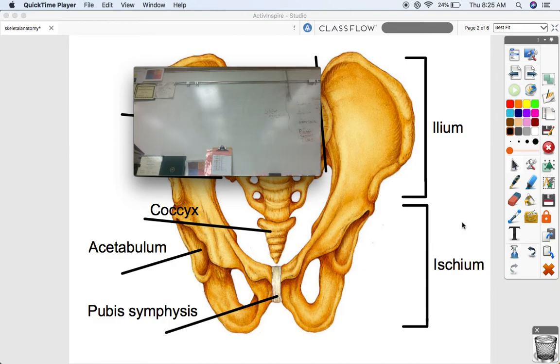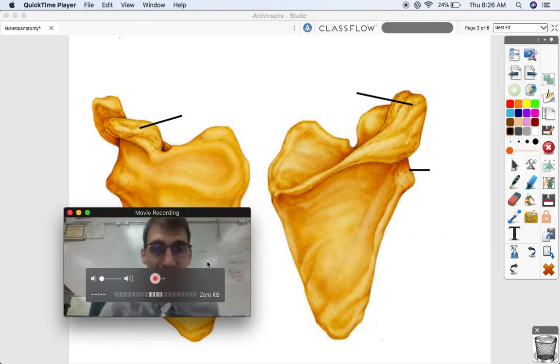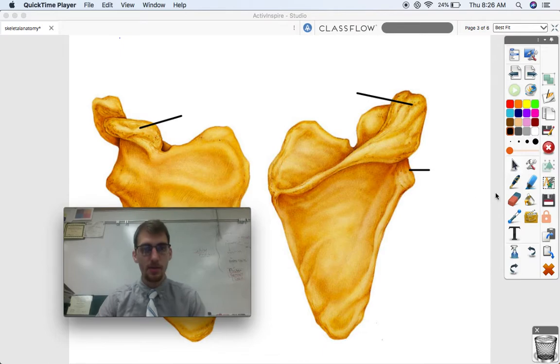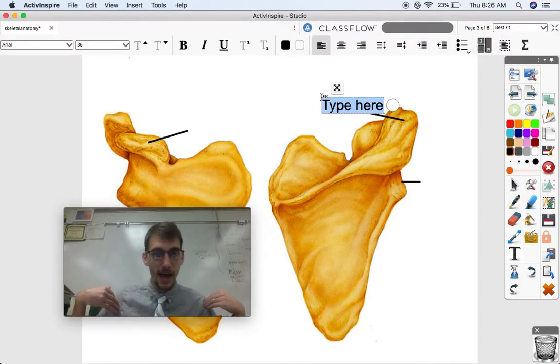Excellent. We have a little bit more to discuss in this video. We're almost done, promise. We have three more structures. This is the scapula. Just a few things I want to point out. By the way, this is the posterior scapula, and this is the anterior scapula.